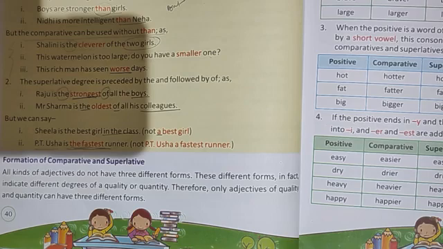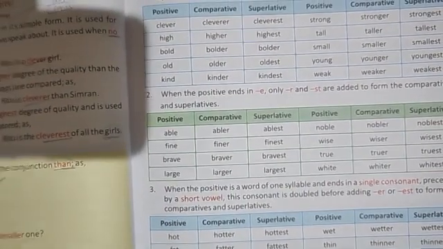Only quality and quantity, in the sense of much more, these kinds of things can be converted into comparative and superlative. Okay, so now let's start.